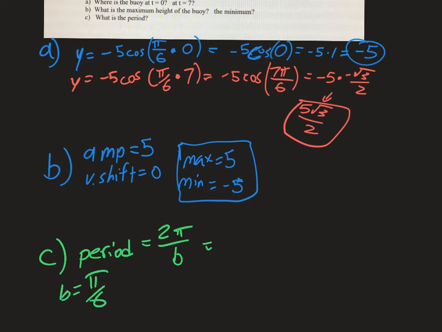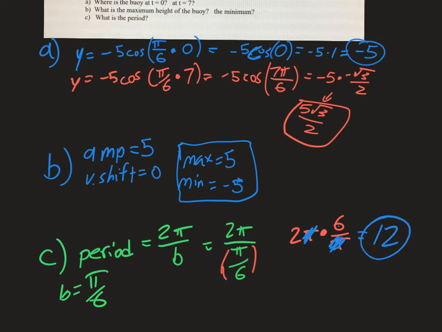So let's plug everything in: 2 pi over pi over 6. Solving this by hand, we take the bottom number, flip it, and multiply. So I'm going to have 2 pi times 6 over pi. Immediately you get these happy feelings because our pi's cancel out, and 2 times 6 is 12. This is my period.